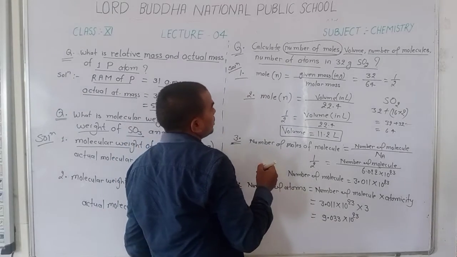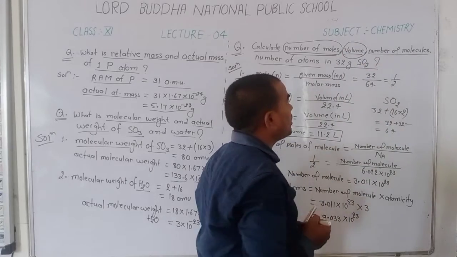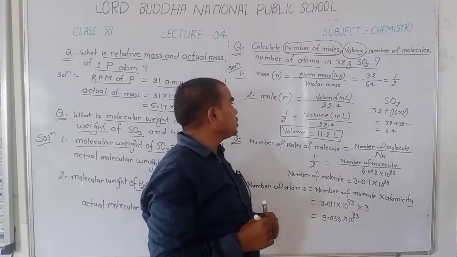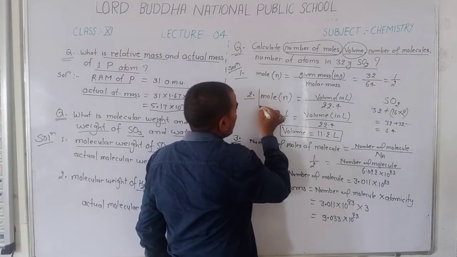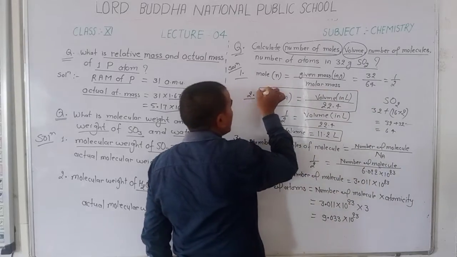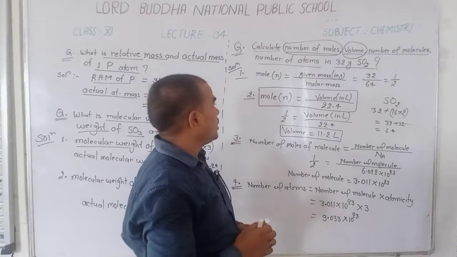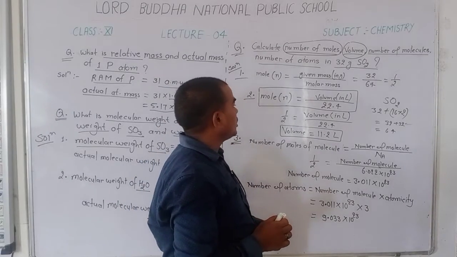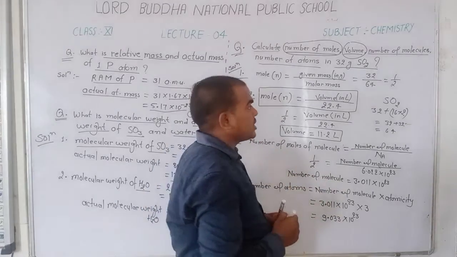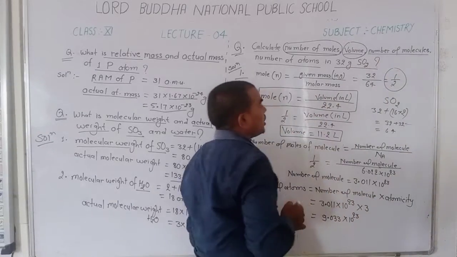Next question. What is the volume of 32 gram SO2? For calculating volume, we use the formula: number of mole is equal to volume in liter upon 22.4. We have already calculated the number of moles of 32 gram SO2 as 1 by 2.